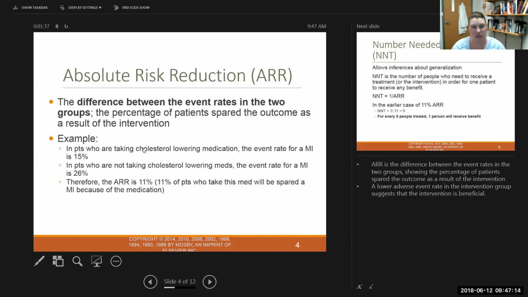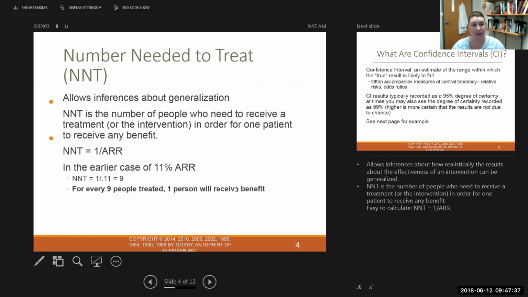So again, in patients that are taking cholesterol-lowering medications, the event rate for a heart attack is 15%. In patients who are not taking cholesterol-lowering medications, the event rate for a heart attack is 26%. Therefore, the absolute risk reduction is 11%, the difference between these two numbers. 11% of patients who take this medication will be spared a heart attack because they're taking a medication.